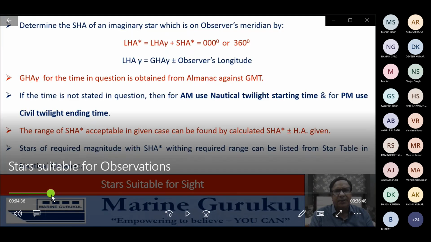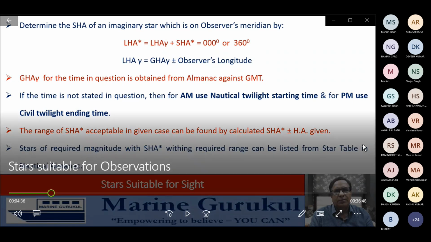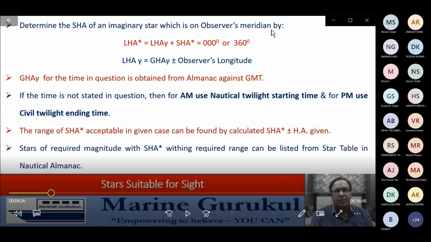Okay, now let me explain this to you one by one. In these types of questions, when we have to find the celestial bodies within a certain R angle of the observer's meridian, the first thing we need to find out is the SHA of an imaginary star which is on the observer's meridian at that particular time.